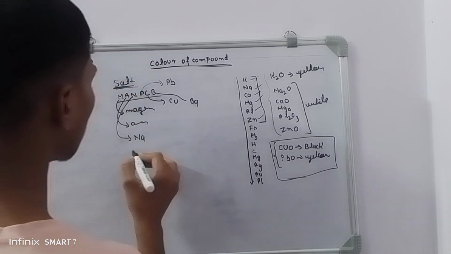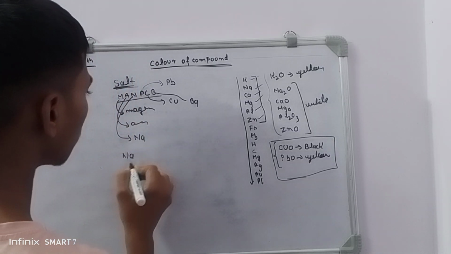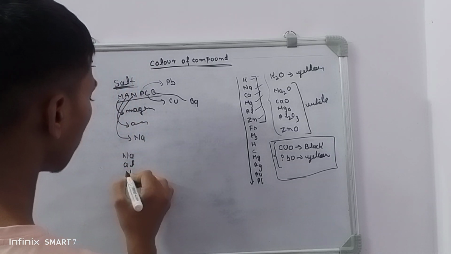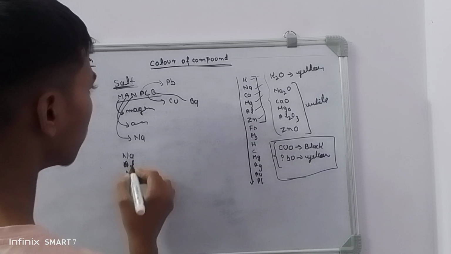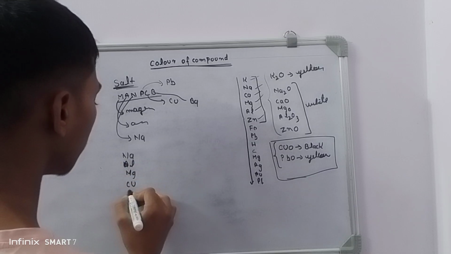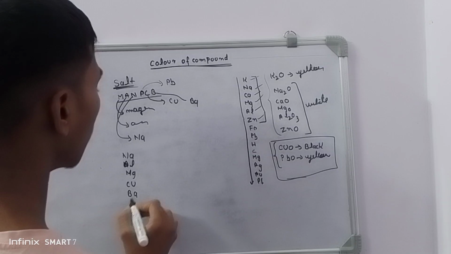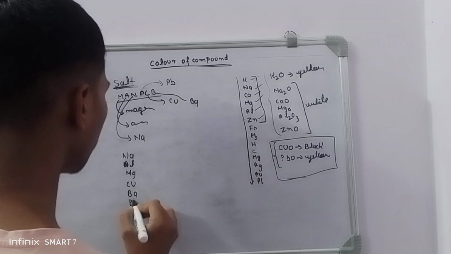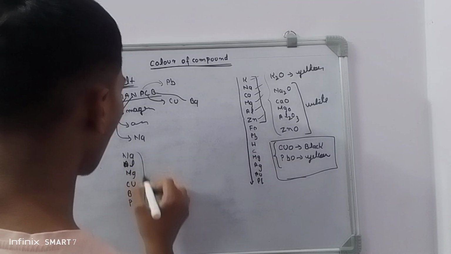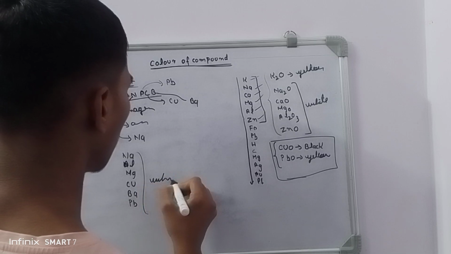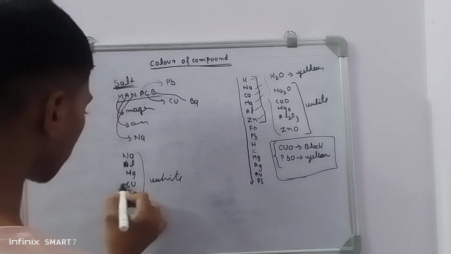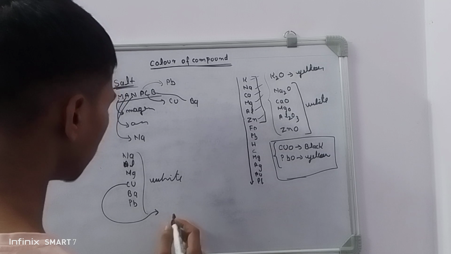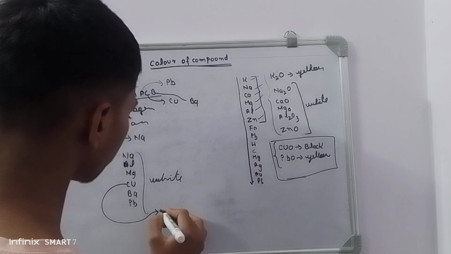All the chlorides, like sodium chloride, aluminum chloride, magnesium chloride, copper chloride, barium chloride, and lead chloride, are white color, except copper, which is blue color.